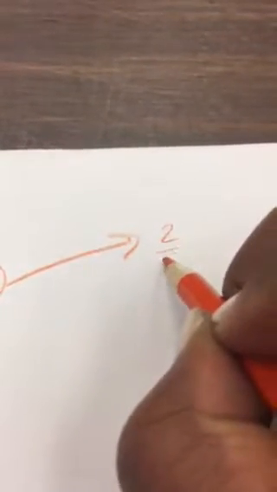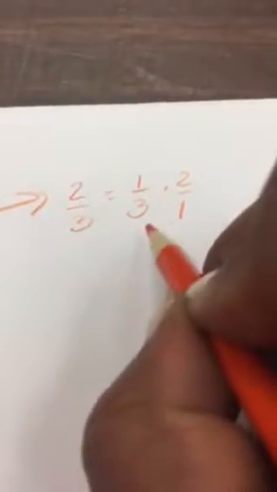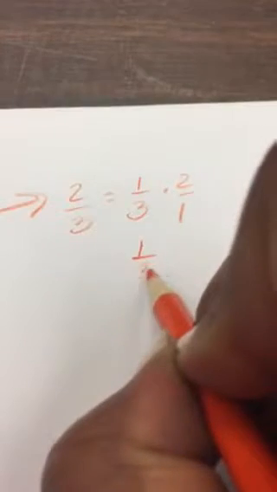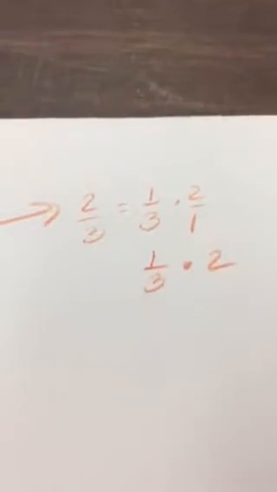We have 2/3. What's another way I could write 2/3? 2/3 equals 1/3 times 2 over 1. Well, that's the same thing as saying 1/3 times 2.